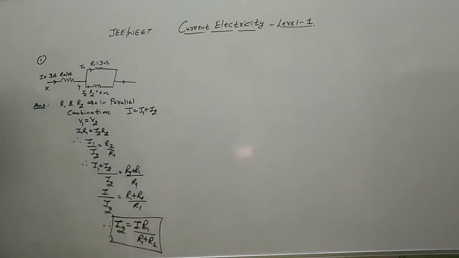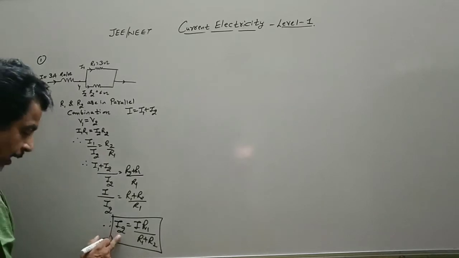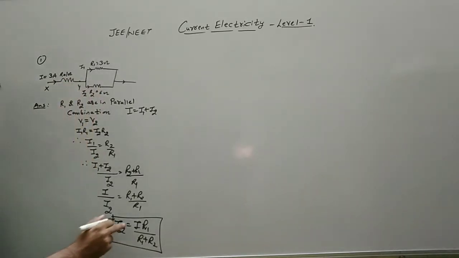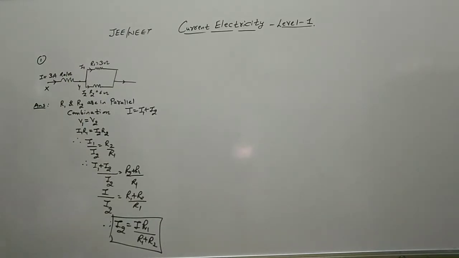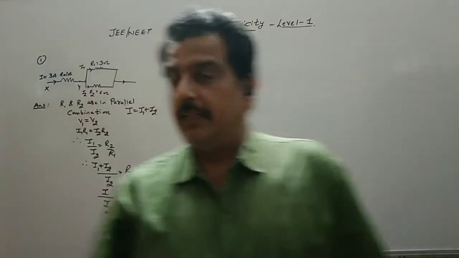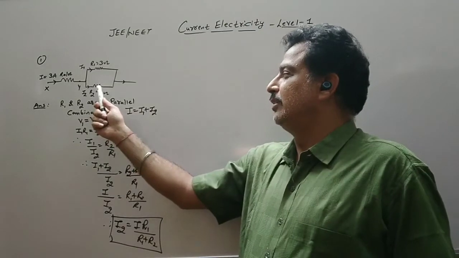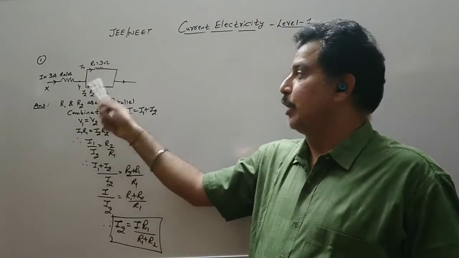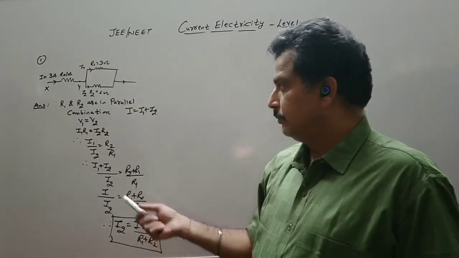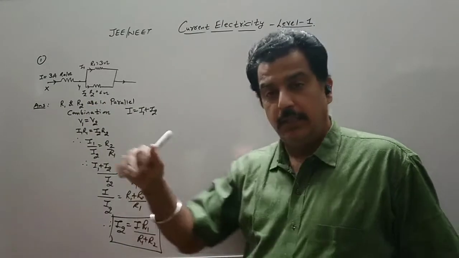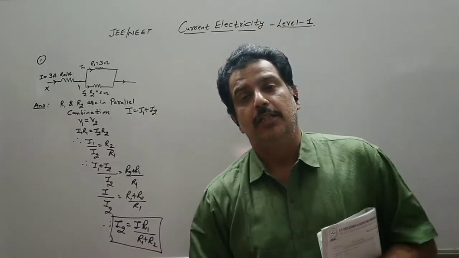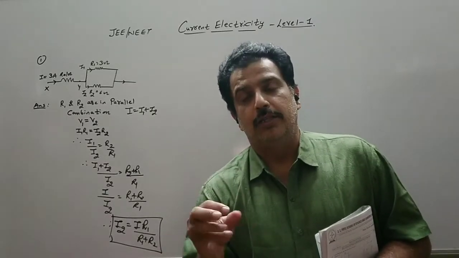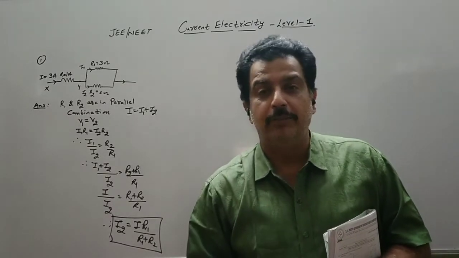So this is how we can directly find out the current in the second branch if we know the total current and the respective resistance. So it can be learned like this, that current in this resistance is equal to total current times the resistance of the other, because the current will follow a path which has minimum resistance.